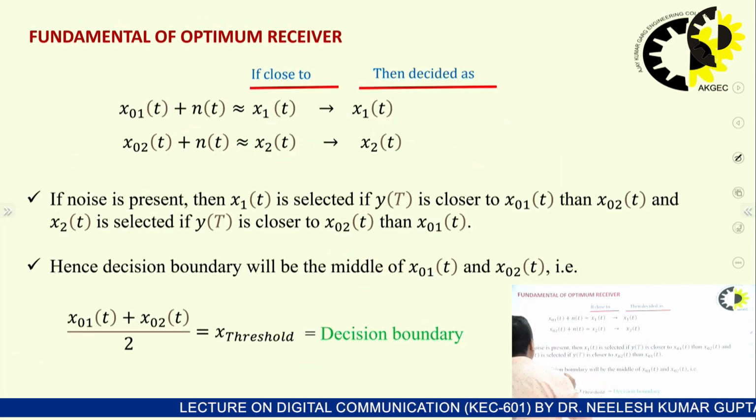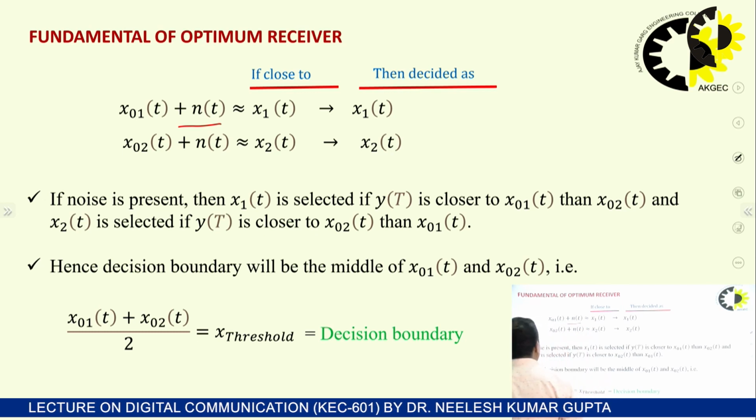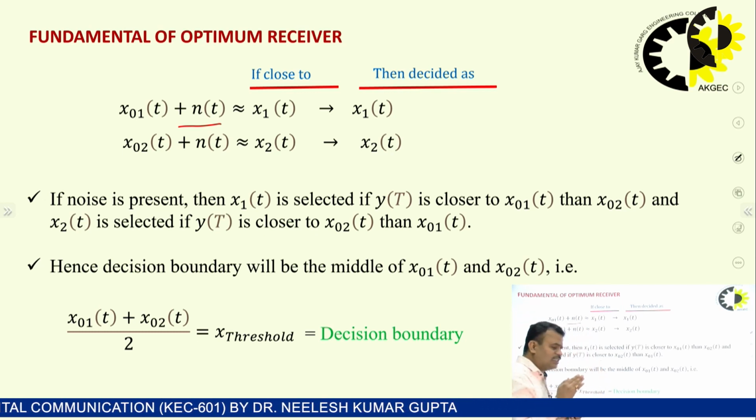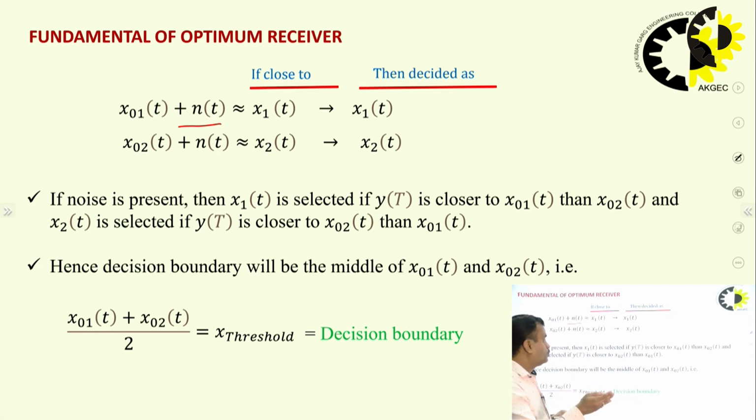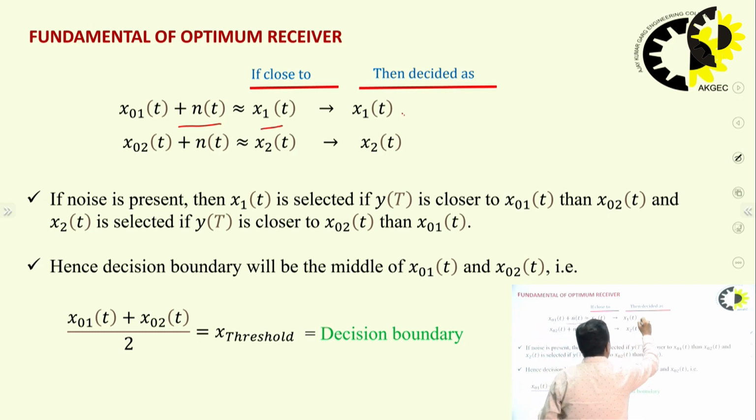Now xo1(t) plus n(t) means this is the output signal we are finally getting from the optimum filter. It corresponds to the x1(t) input signal. It is close to x1(t), so we will decide it is x1(t). It is for binary 1. Similarly, if I am getting xo2(t) plus n(t), it is approximately x2(t), so I am considering it will be x2(t).